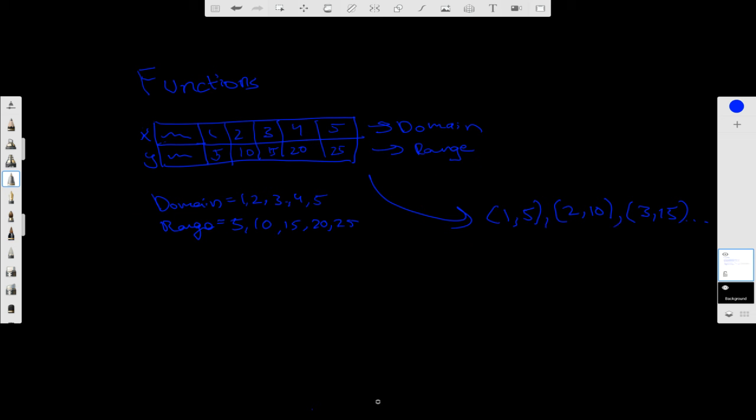So let's say we were to graph this. Then it would look something like this. Okay, so we got one line there, and we got one line there.